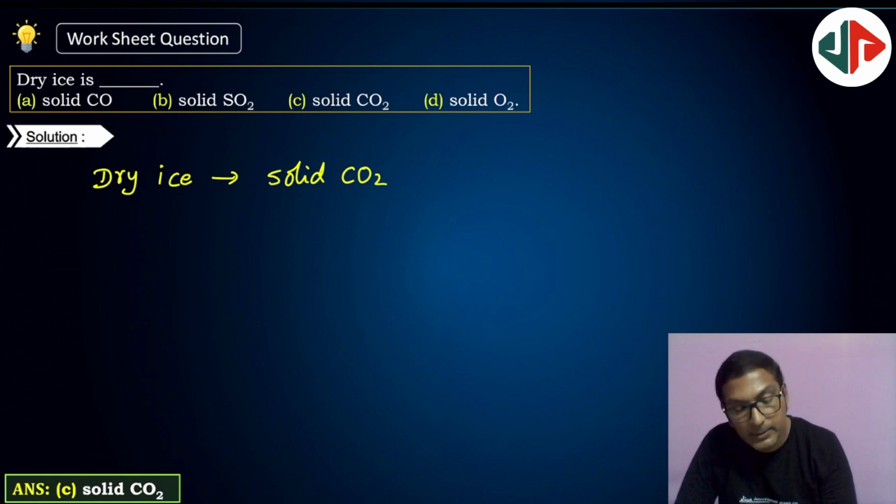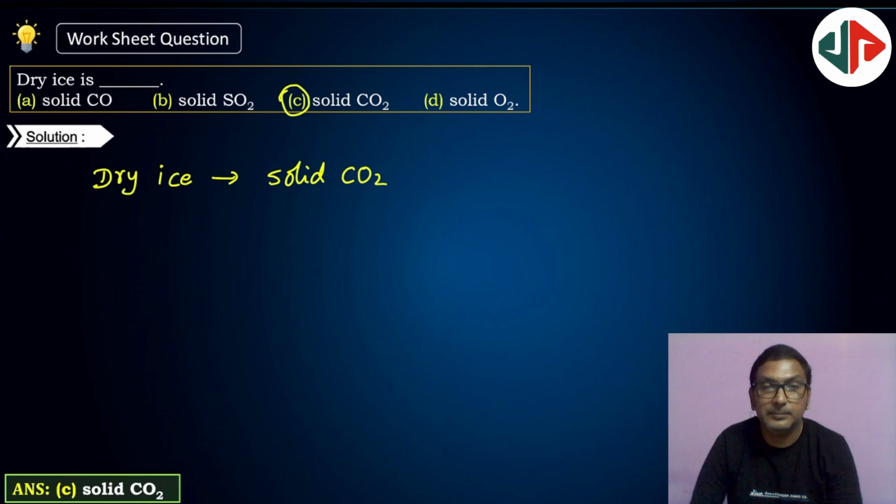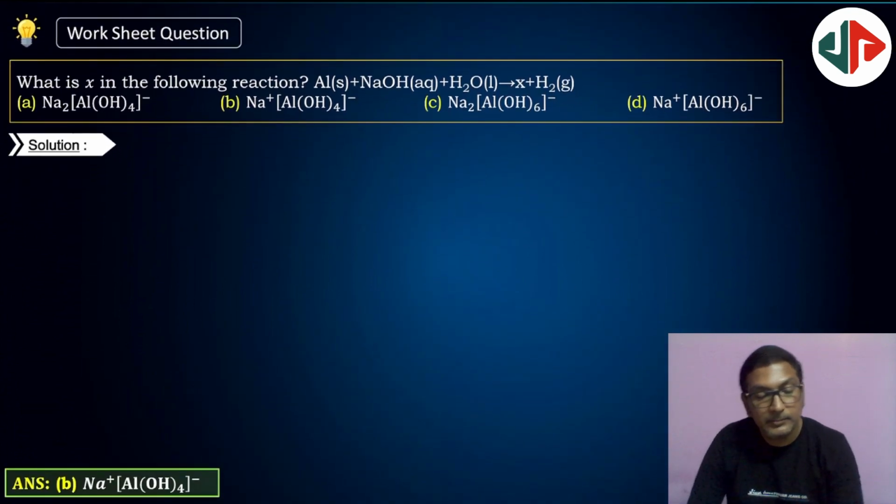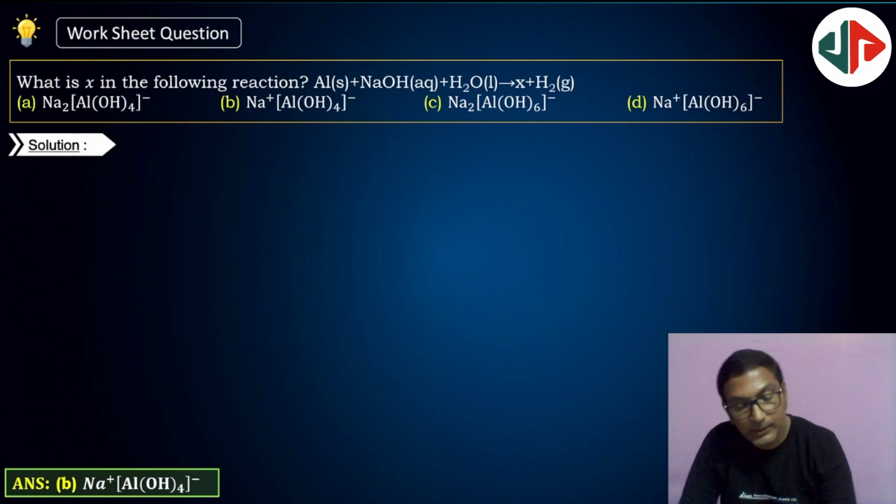So clearly option C. Simple question only. The common name for solid CO2 is dry ice. Next. What is X in the following reaction? Al plus NaOH plus H2O gives. Simply, this is a repeated question.